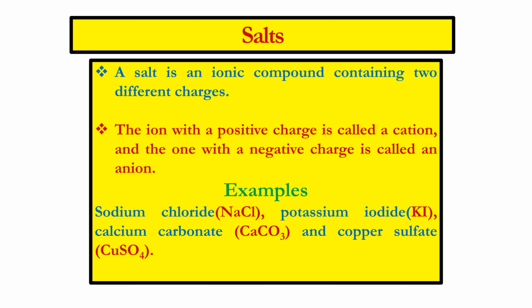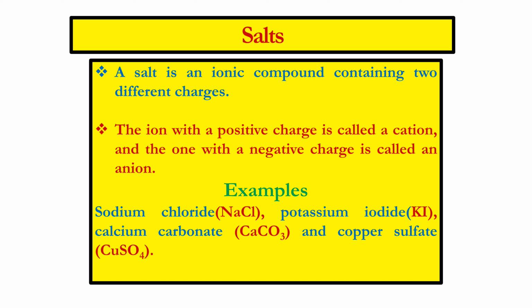Okay, so we now look at salts. A salt is an ionic compound which is made up of two groups of oppositely charged ions. So what it means is that a salt must contain a positive and a negative ion.